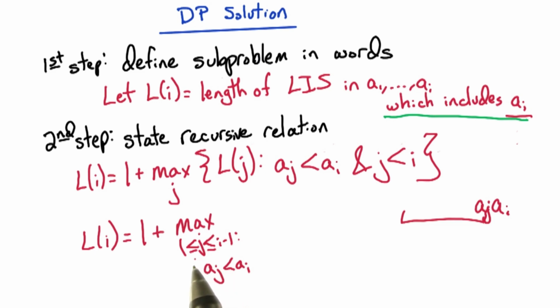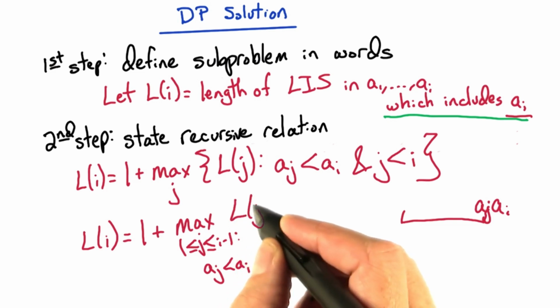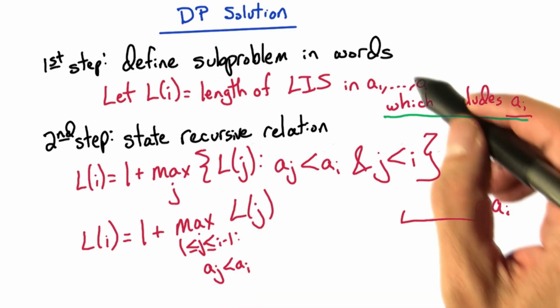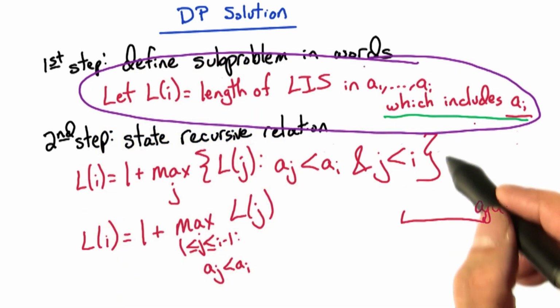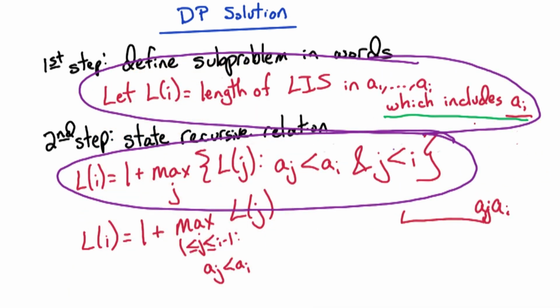We're trying J's where it's between 1 and I minus 1, and such that AJ is strictly smaller than AI. And we're taking the value L of J. Finally, we have our subproblem definition, and we have our recursive relation that these subproblems satisfy. Now it'll be straightforward to detail our dynamic programming algorithm.